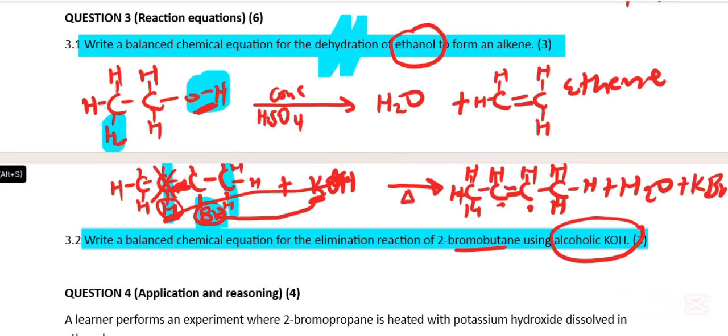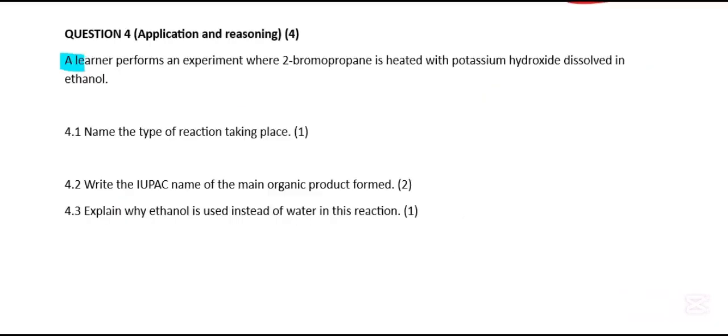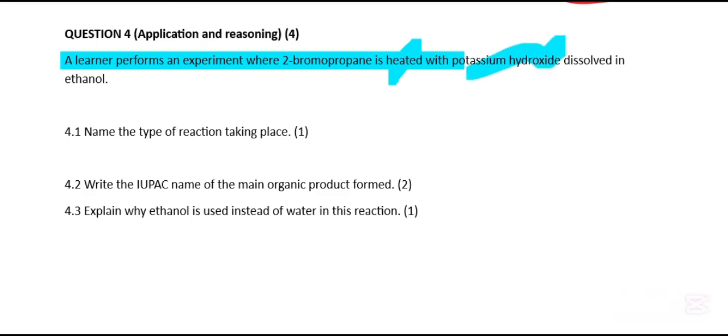Let's quickly go to question number 4. A learner performs an experiment where 2-bromopropane is heated with potassium hydroxide in ethanol, which means this is a concentrated potassium hydroxide. When ethanol is added, it's concentrated. Then there is heat.